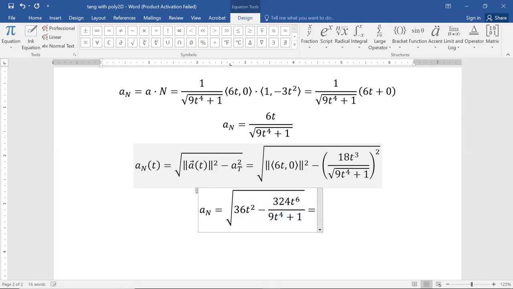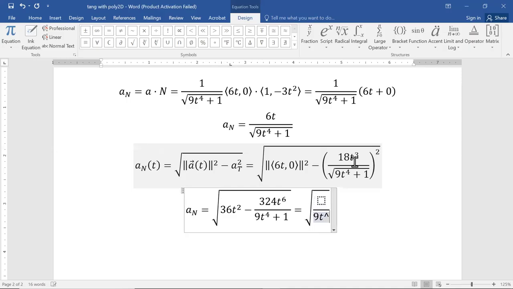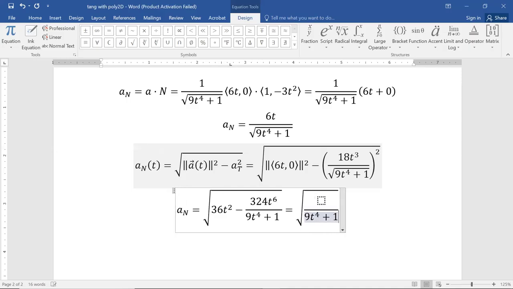I'll go ahead and simplify that. So I want to put both of these with the same denominator of 9t to the 4th plus 1.